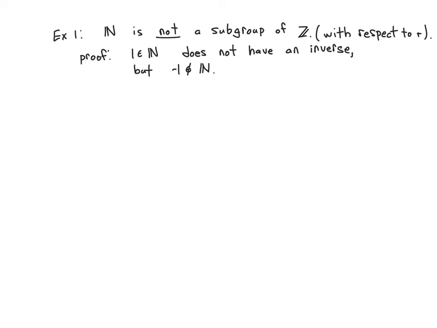Well, take the number 1. What is its inverse? In Z, it's -1. Last time I checked, -1 is not a natural number, so you're not closed under negatives. The set of natural numbers is not a subgroup. In particular, it is not a group because it doesn't have inverses.